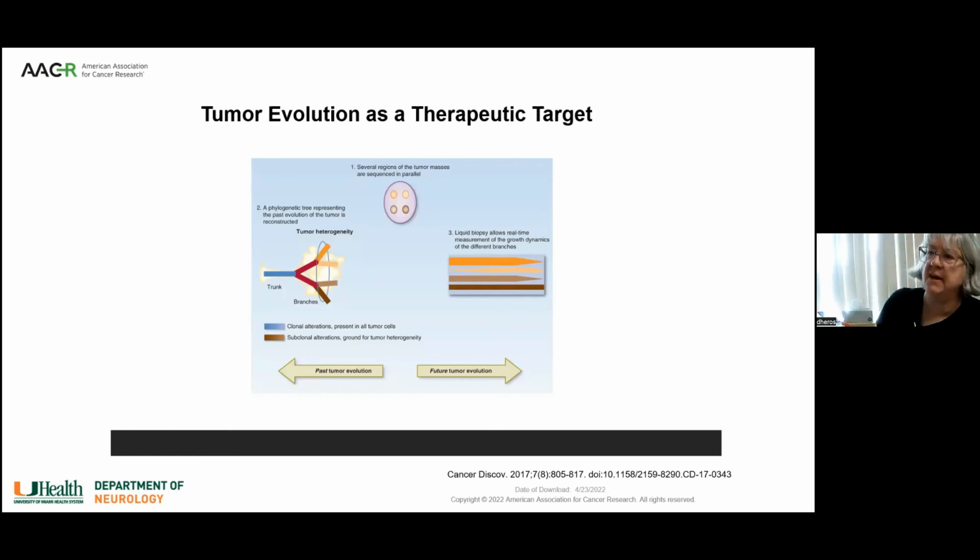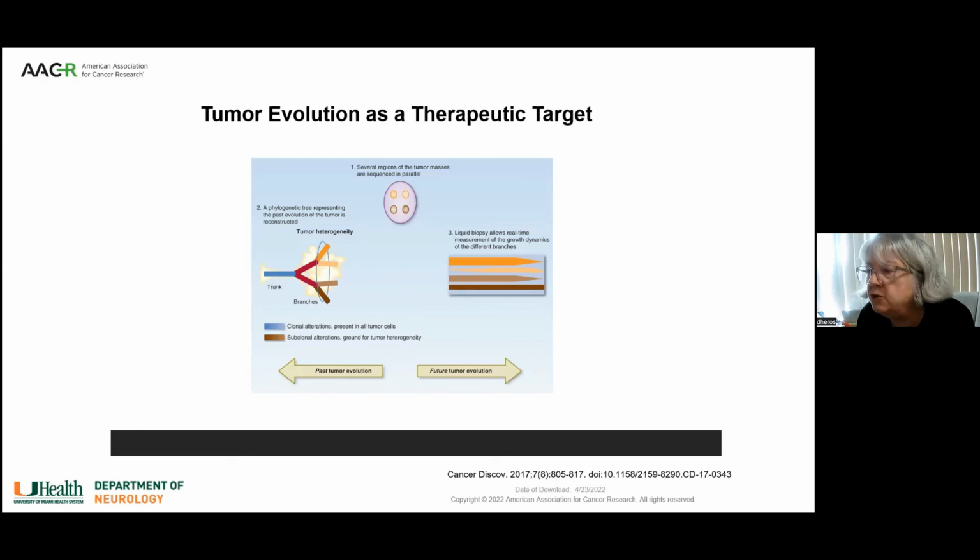And the reason that is happening is because of our understanding of what is referred to as tumor evolution. And this evolution refers to the genomic changes of the tumor over time.